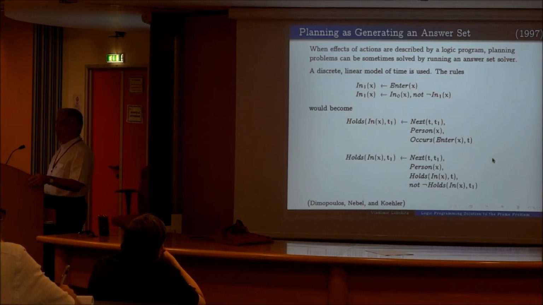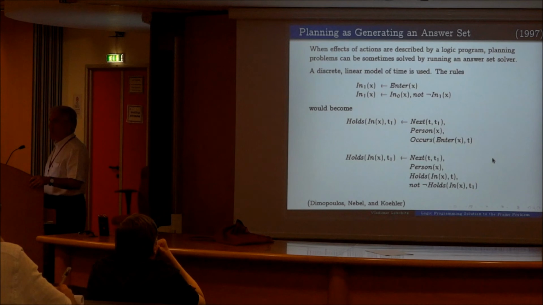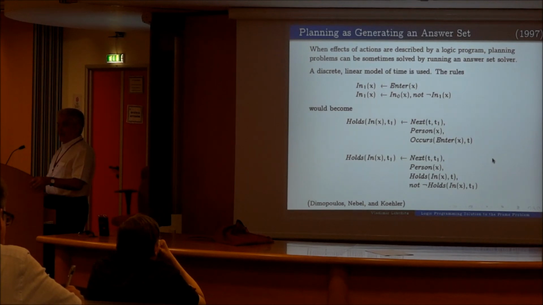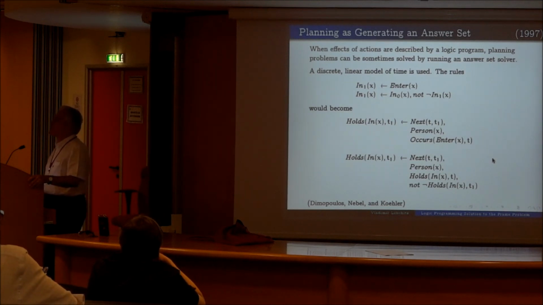We could see that you can take essentially a Reiter-style description of an action domain plus a description of the initial state and the goal, and get this logic program to give to an answer set solver, and it will give you a solution pretty much in the same way as a SAT solver gives you a solution, except that you don't have to describe your domain by a set of clauses.